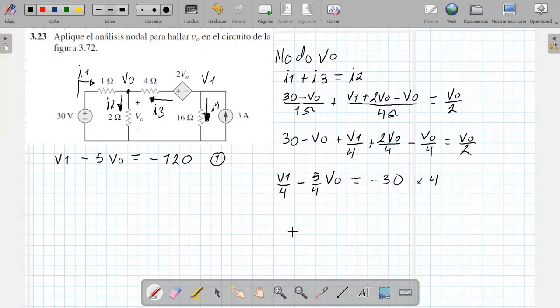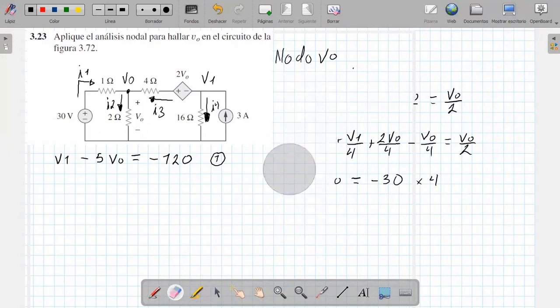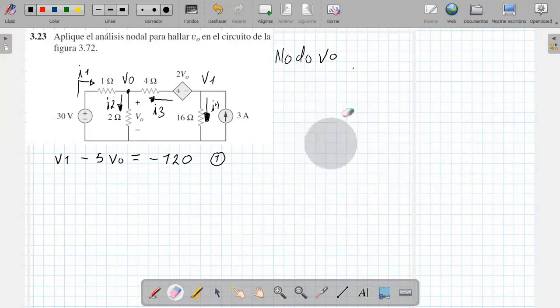I'm going to work on node V1. On node V1, we are going to observe that at that point the current enters 3 amperes.